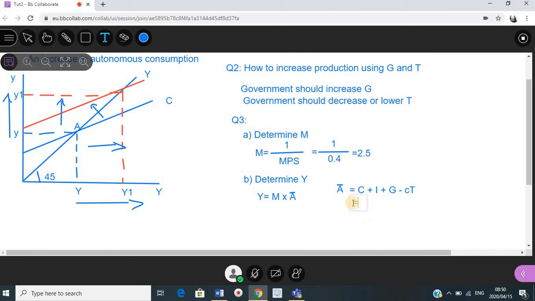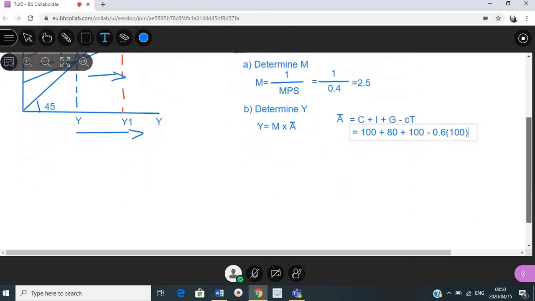So this is going to be equal to 100 plus 80 plus 100, if I'm not mistaken, minus 0.6 multiplying 100. Why 0.6? Maybe we need to work this out.